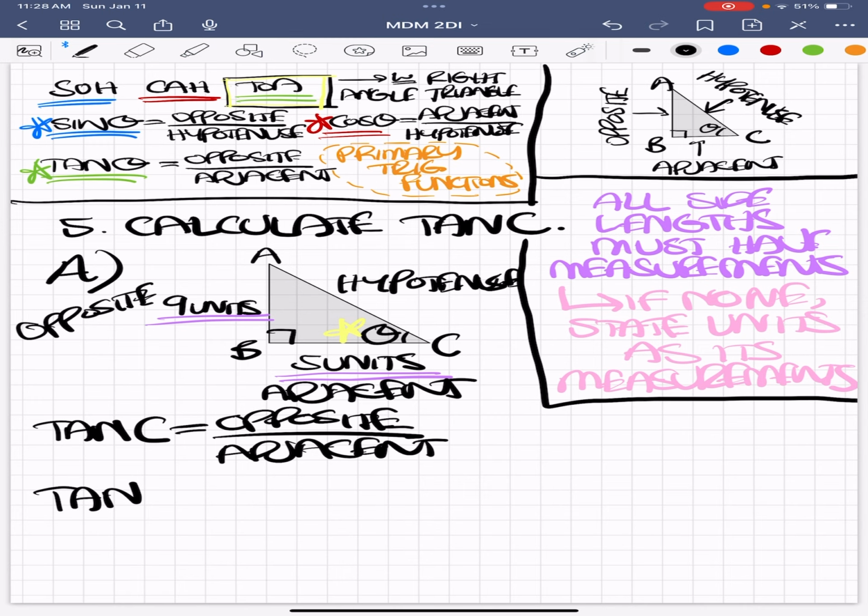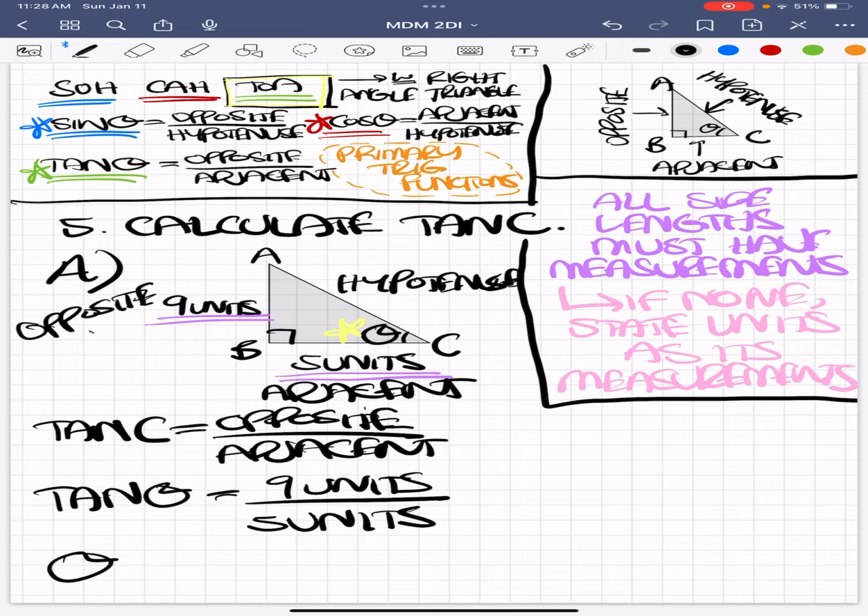So we have tan theta equals, and we're going to input our values of opposite and adjacent into the formula. So we have 9 units over 5 units. And then theta is the inverse function of tan multiplied by this fraction.